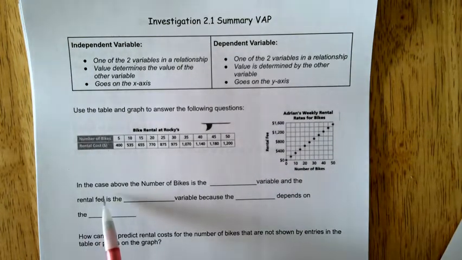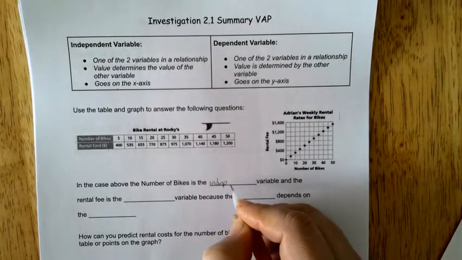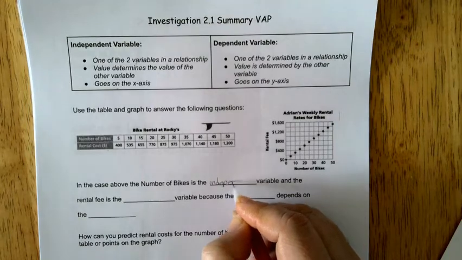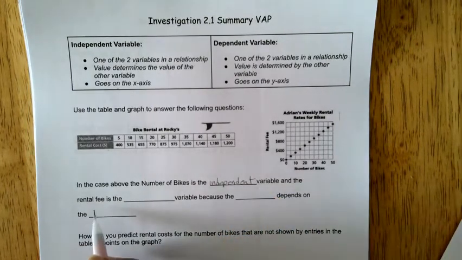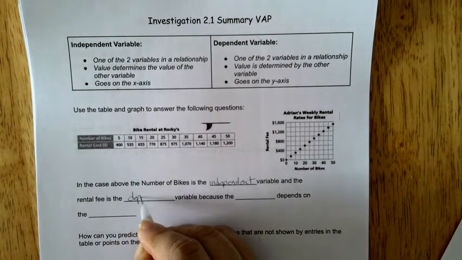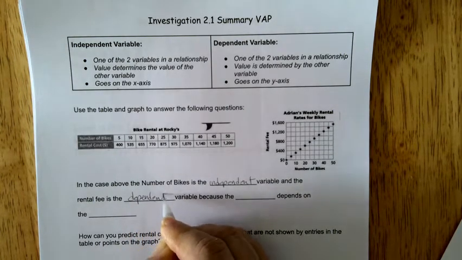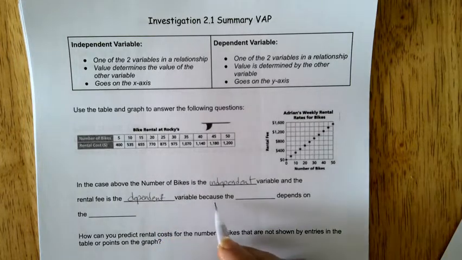So in the case above, the number of bikes is the independent variable, and the rental fee is the dependent variable. Rental fee meaning the cost, okay?